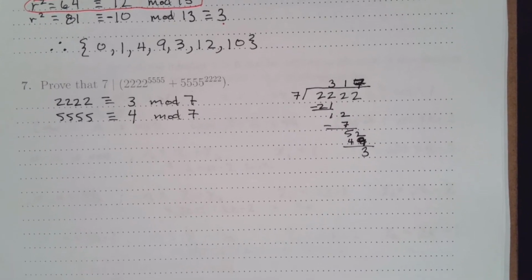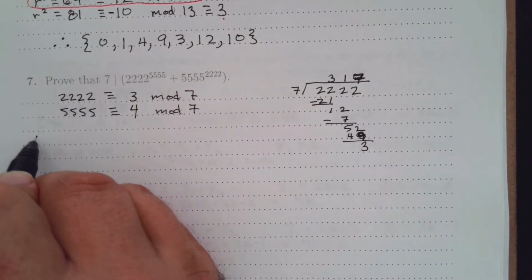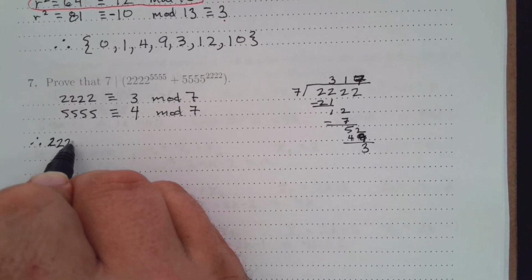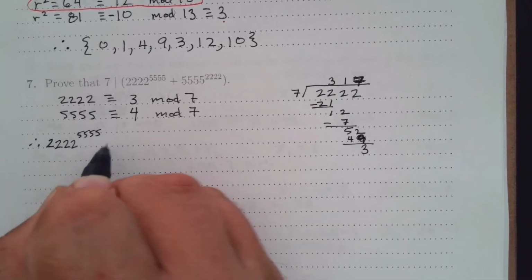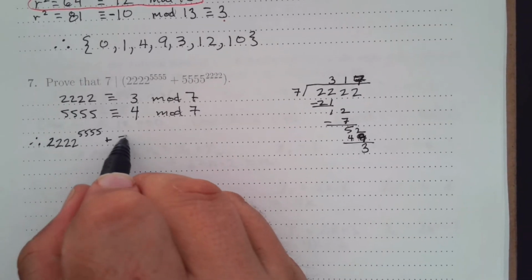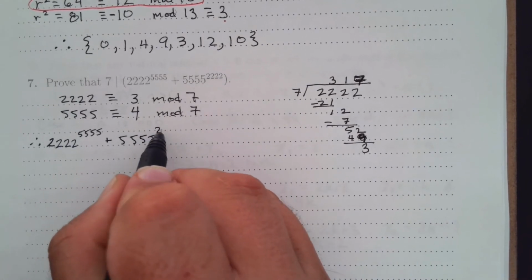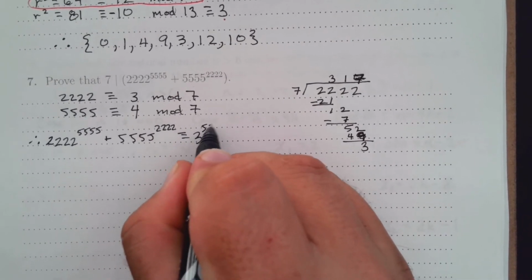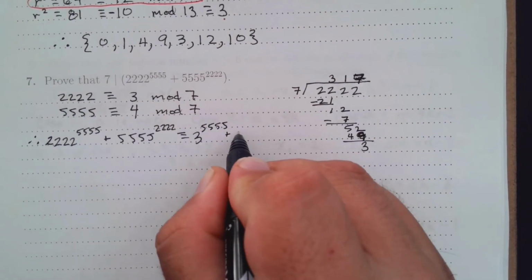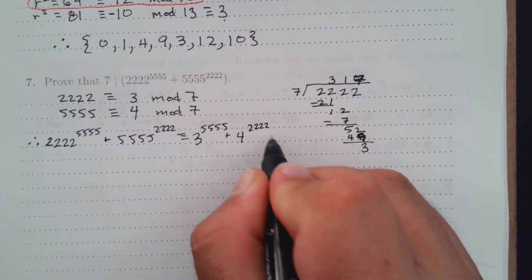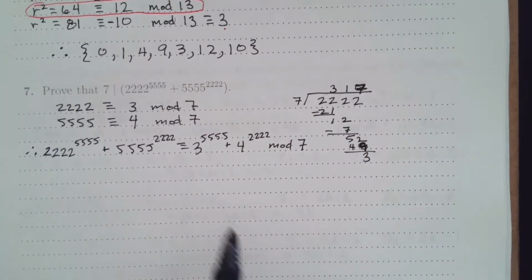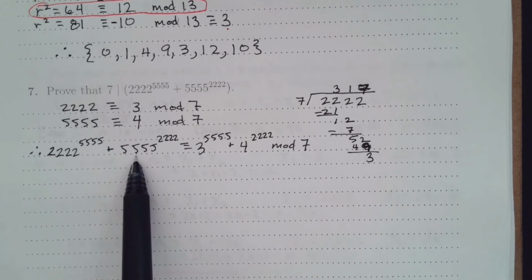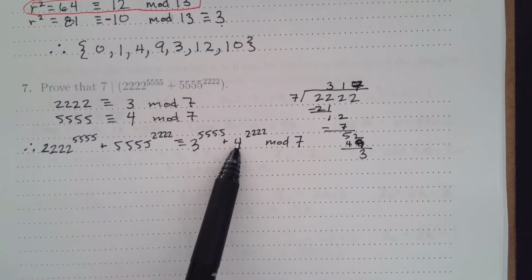But what it does say is that 2,222 to the 5,555 plus 5,555 to the 2,222 is equivalent to 3 to the 5,555 plus 4 to the 2,222 mod 7, because 2,222 is 3 mod 7 and 5,555 is 4 mod 7.